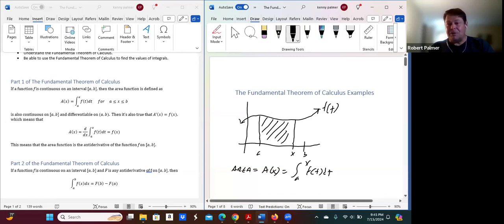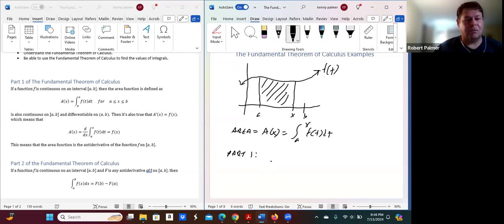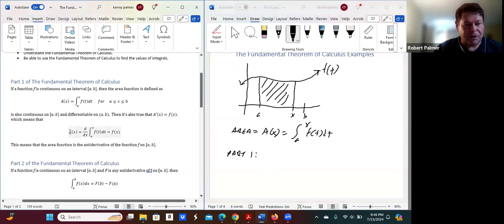Now, part one of the fundamental theorem of calculus says that if I take the derivative of the area function... actually, I realize I have a typo here. Let me come back on the left side.